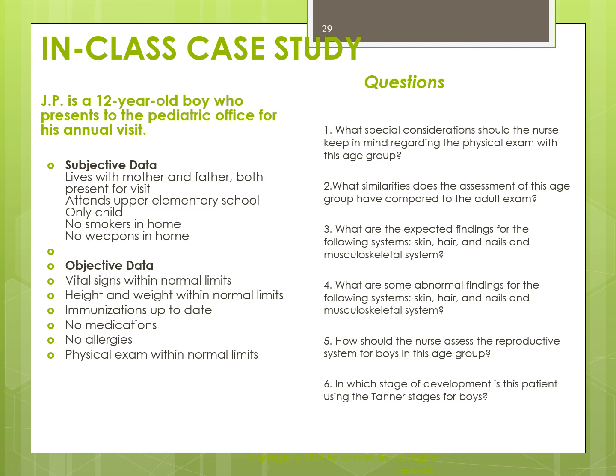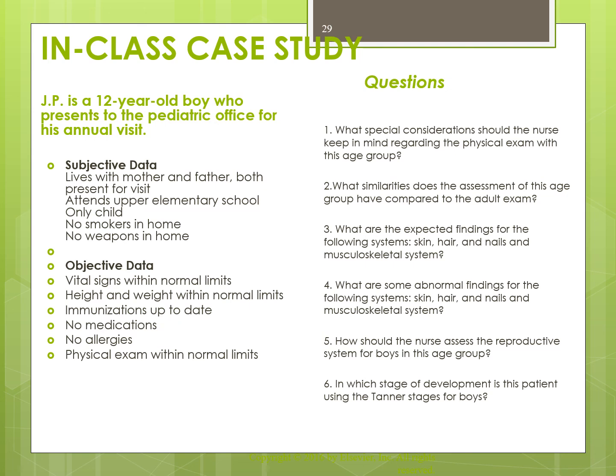So some questions for you to consider. What special consideration should nurse keep in mind regarding the physical exam with that age group? So think about it. He's 12, so what are you going to consider? Now, what similarities does the assessment of this age group have compared to the adult exam? So how is the assessment for this 12-year-old the same as the adult exam? What are the expected findings for the skin, the hair, the nails, the musculoskeletal system for this 12-year-old?